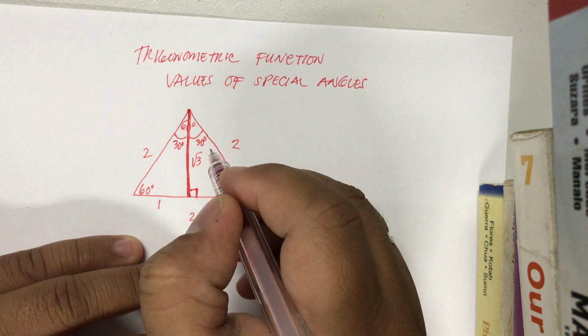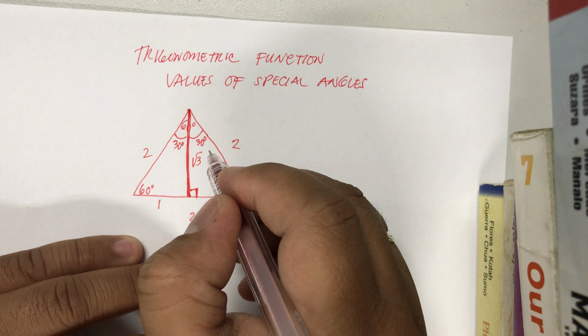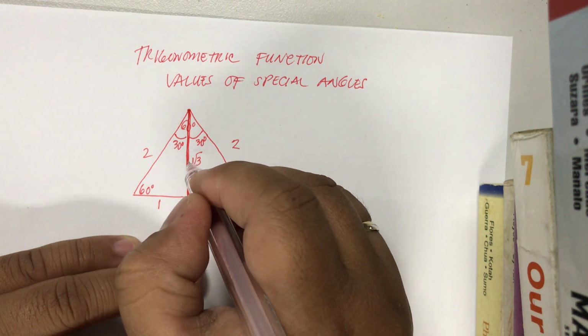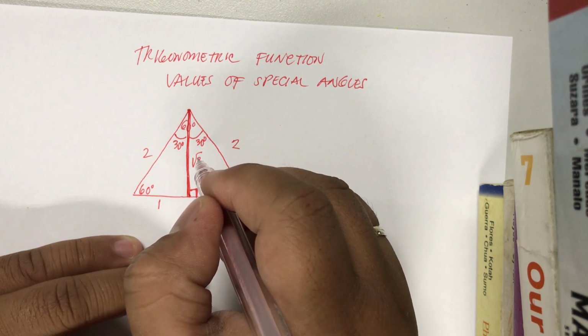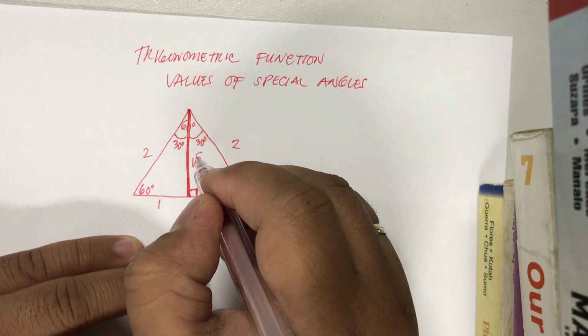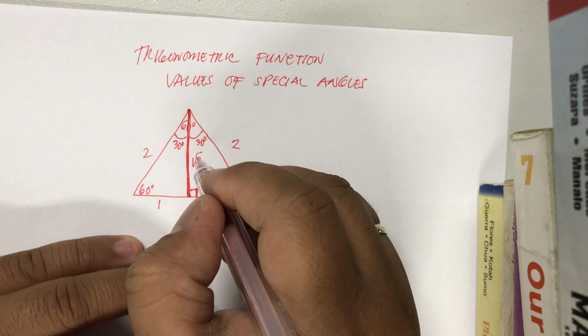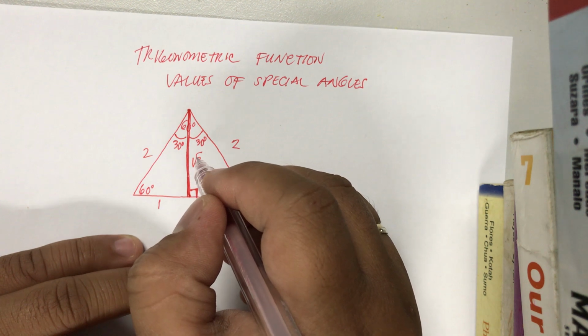If this side is x, then x would be equal to the square root of 2 squared minus 1 squared. 2 squared is 4, 1 squared is 1. The difference of 4 and 1 is 3. So, x would be equal to square root of 3.